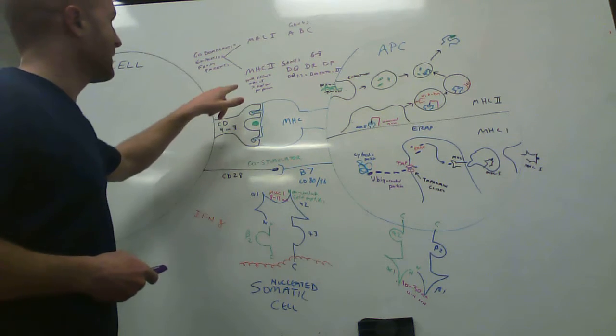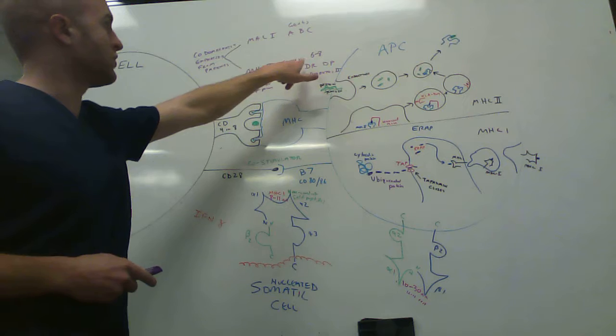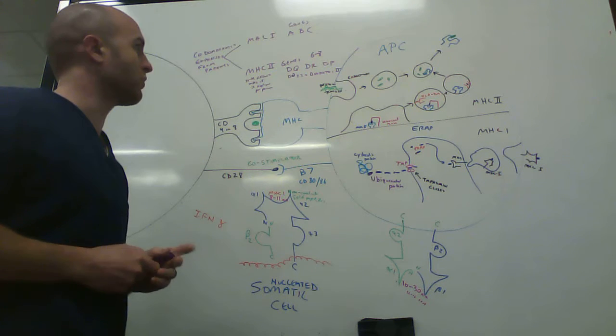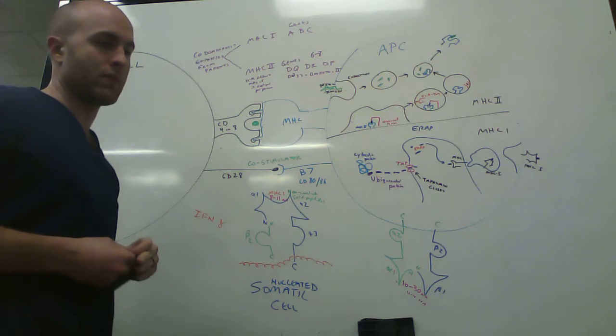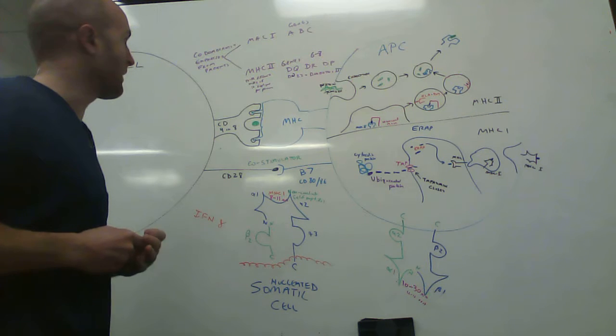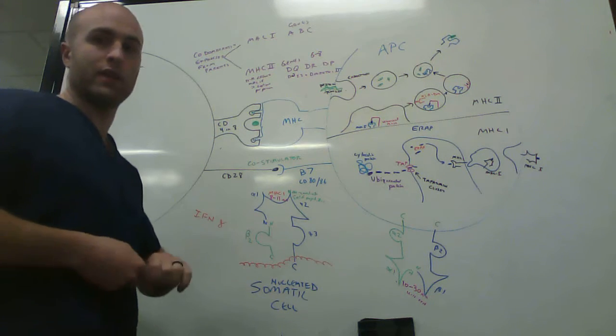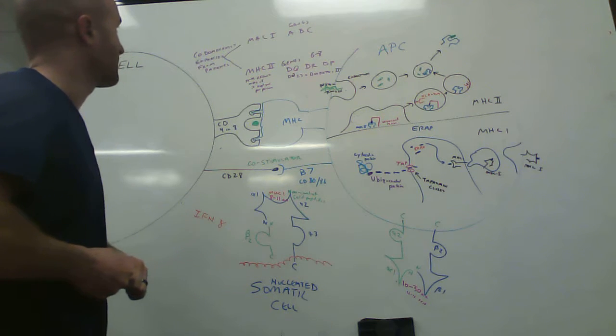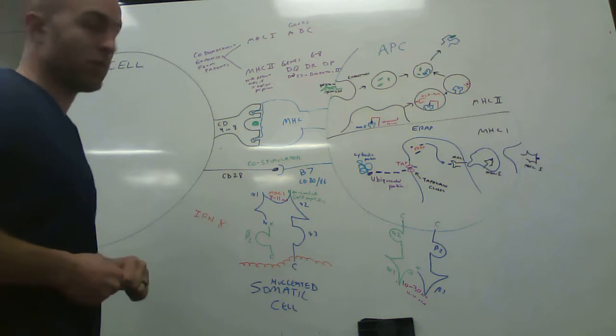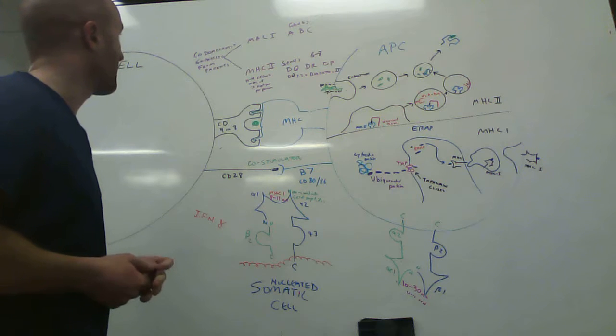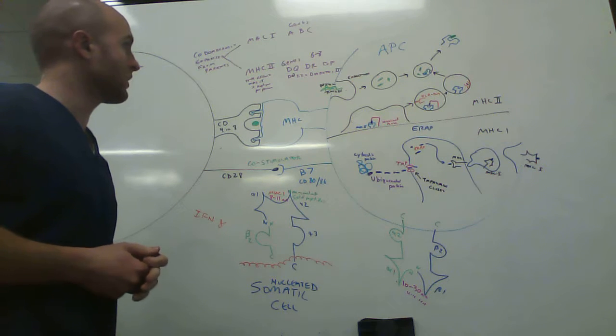There are typically 6 to 8 genes that encode for MHC2, and that results in 11 to 12 different kinds of MHC2 that can be displayed in a single person. MHC1 and MHC2 are codominantly expressed from the parents.